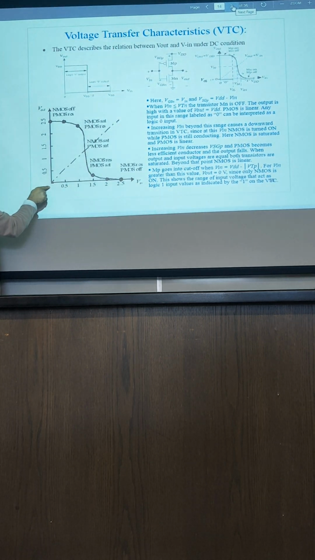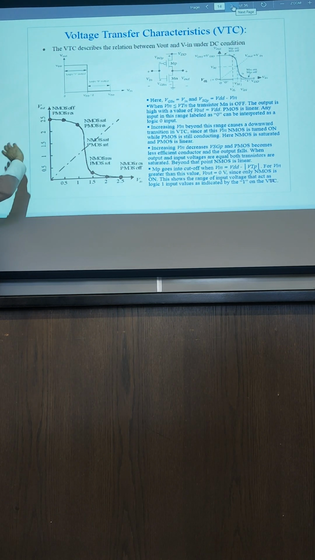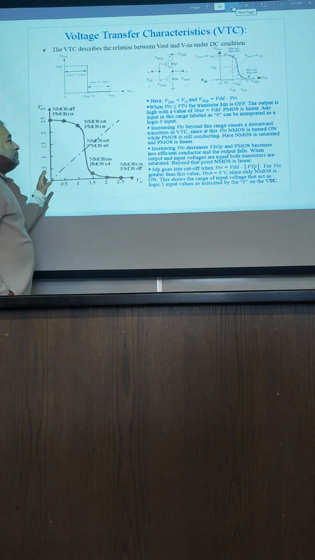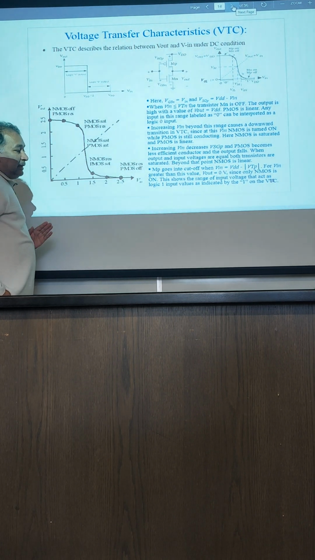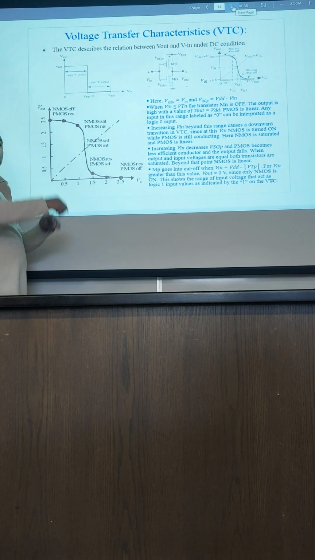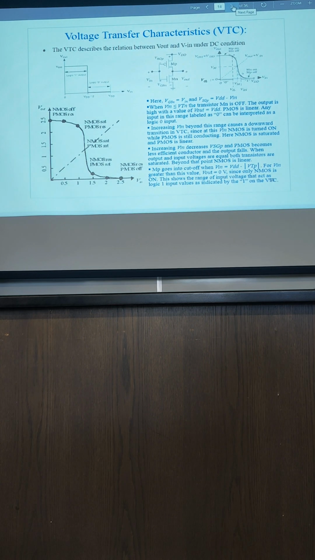If you decrease the input, output will go up in this direction. So actually the inverter is going the other way. A buffer is a different thing. In case of buffer, if input goes up, output also will go up. So it will be something like this curve. If you look at this curve, it's an inverted curve.